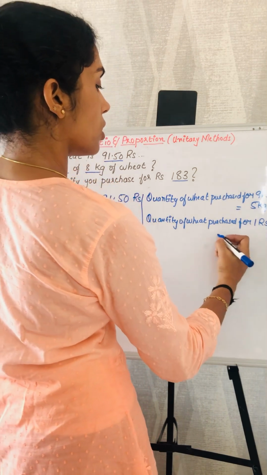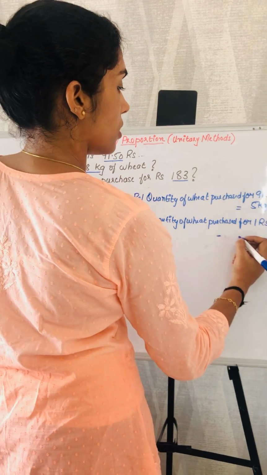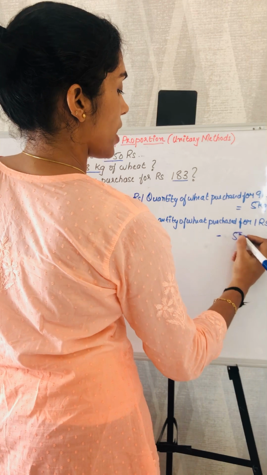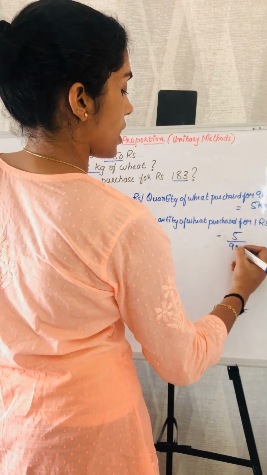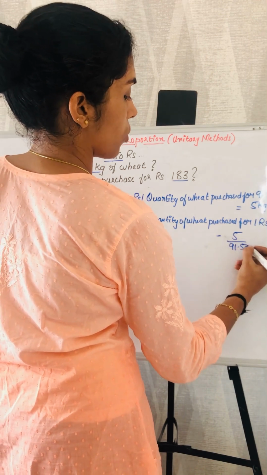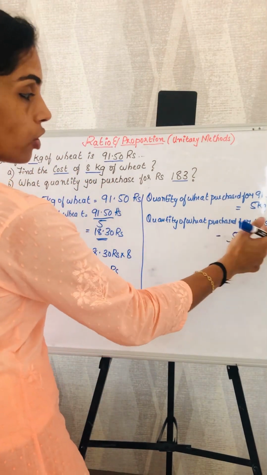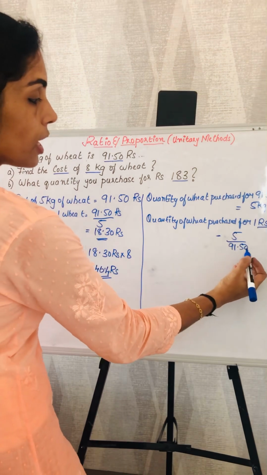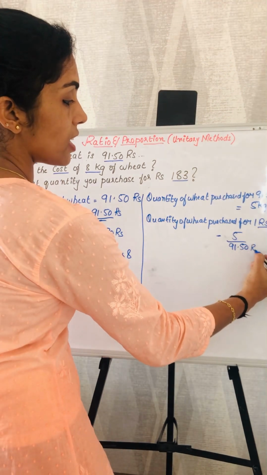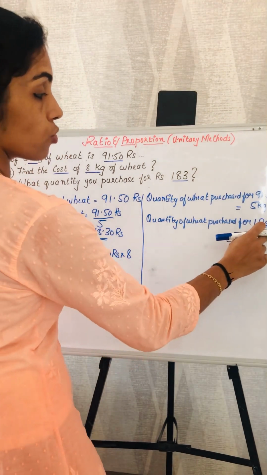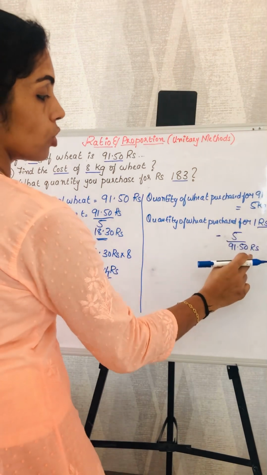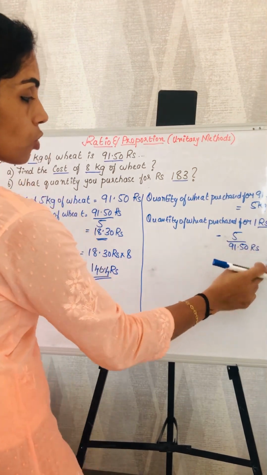How do you get it? 5 by 91.50, right? What you have to find? You have to find for 1 rupees, right? So in your denominator, you should be always getting what you have to find, that is 1 rupee. So you have to write 91.50 rupees.